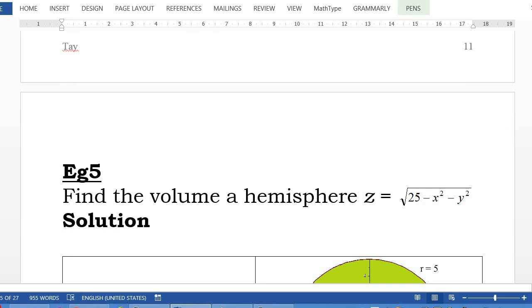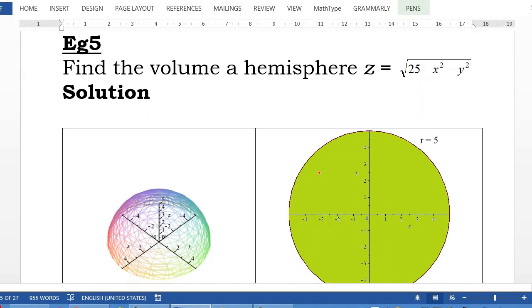Okay, example 5 now. Find the volume of the hemisphere z equal to square root of 25 minus x squared minus y squared. Hemisphere, okay. So the lower surface we have is z equal to 0.